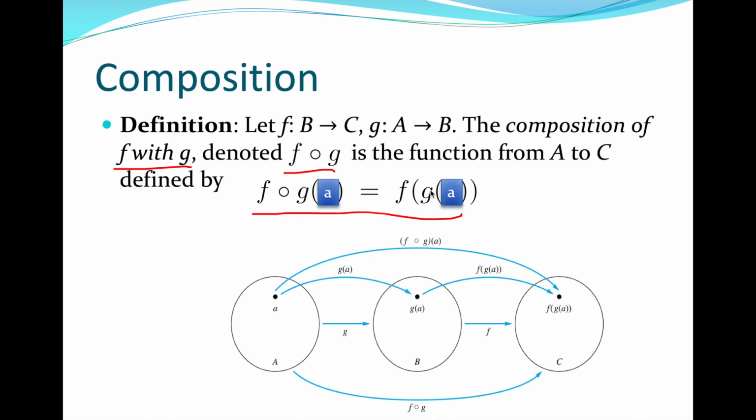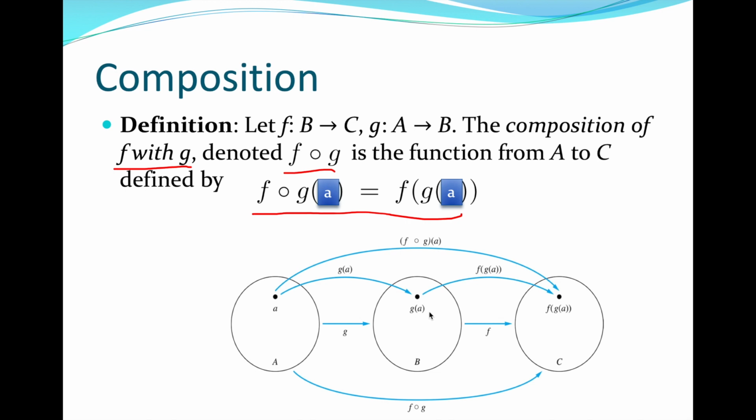As I mentioned just now, you have to solve the inner part first. In this set, there is an element a, and by applying g, we get b. So g(a) is equal to b.